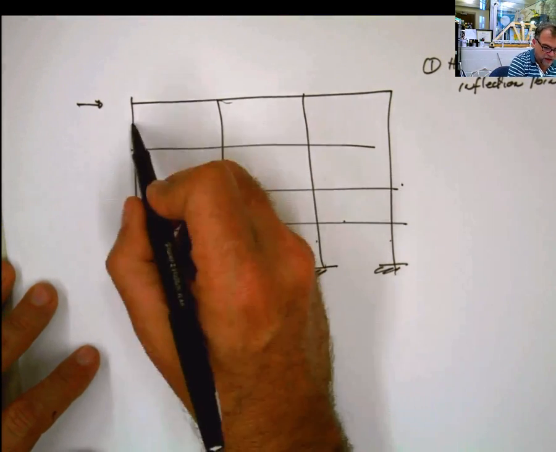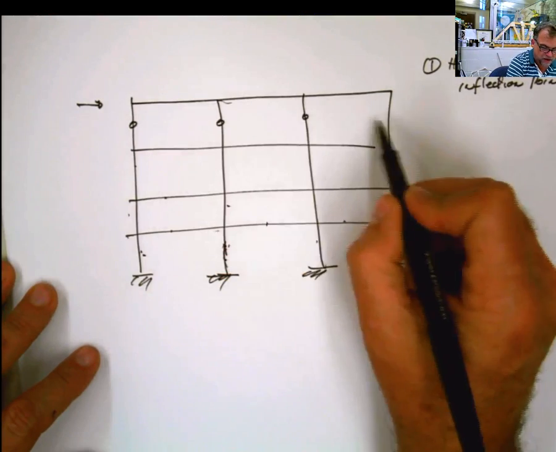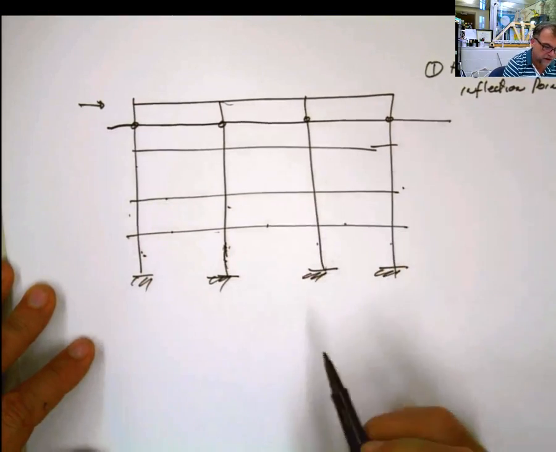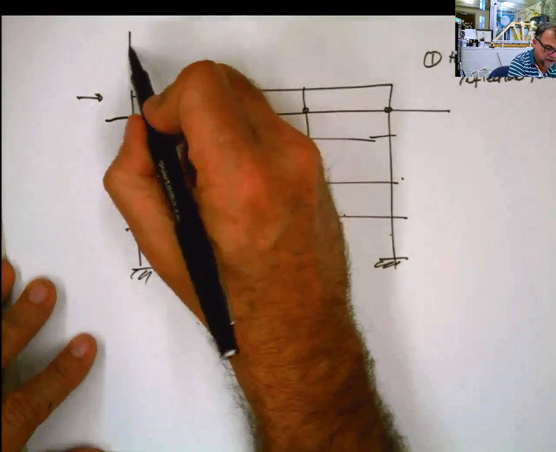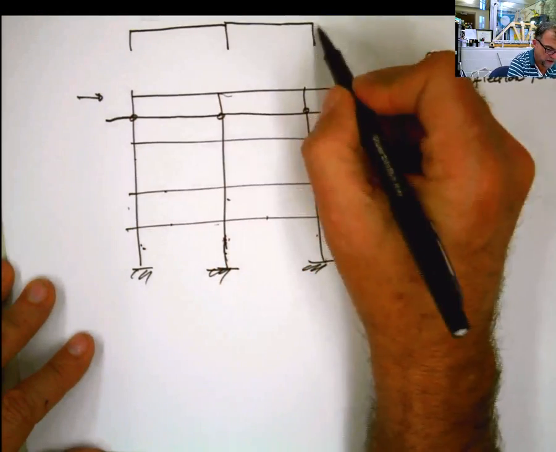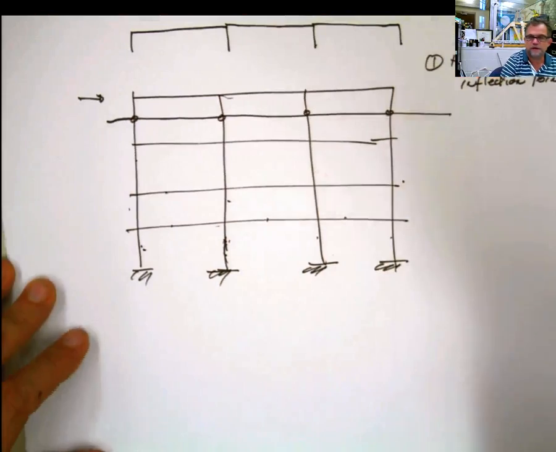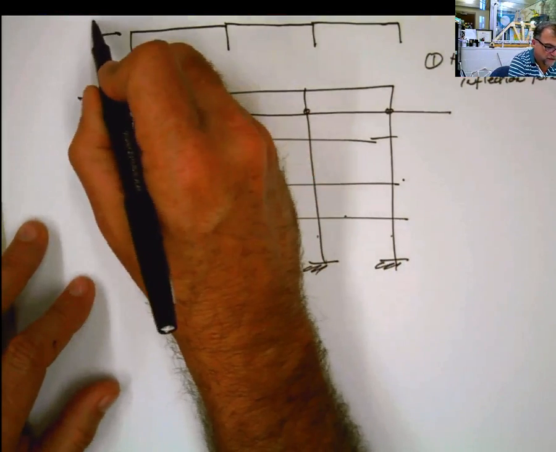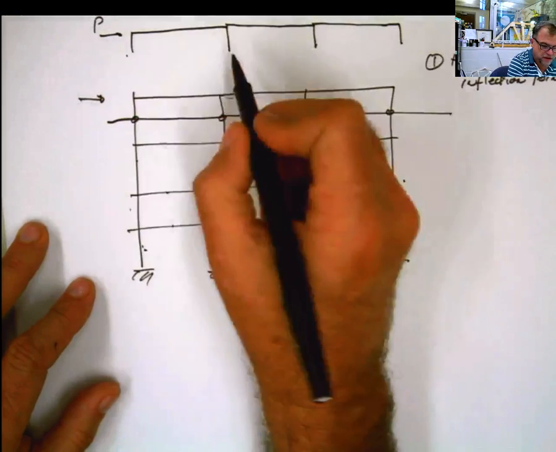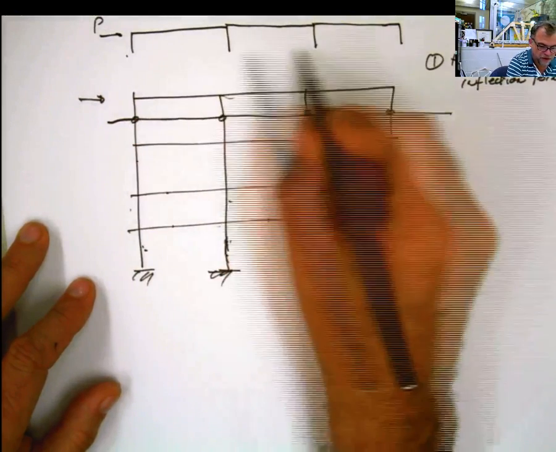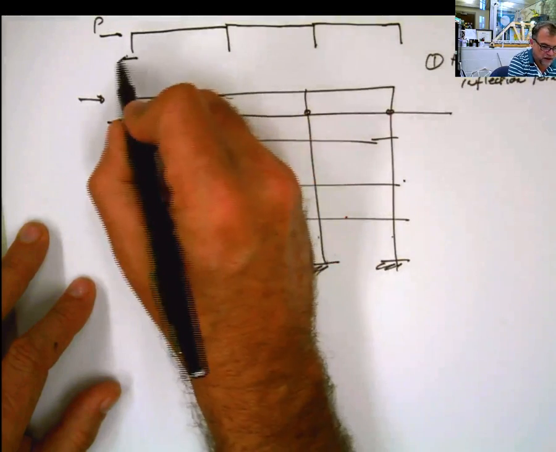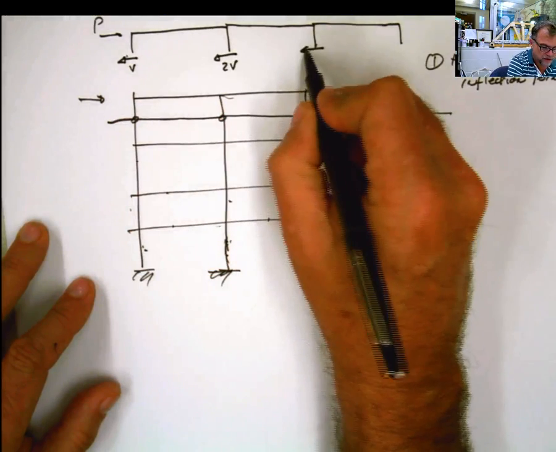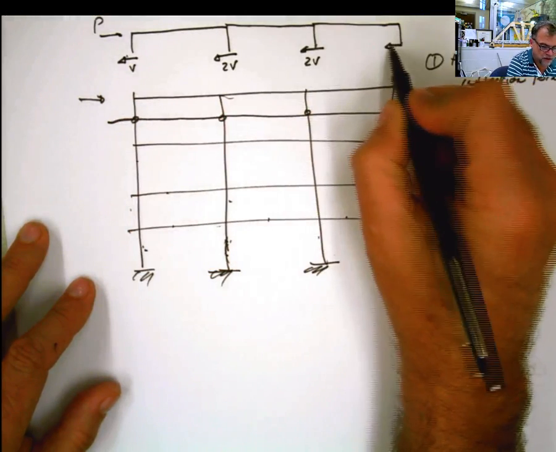If that is correct, and you have hinges placed at this location, I can make a cut in that part and separate the top part. The hinges are beautiful, because you know there's no moment at the hinges. So if I have this force P, and I assume that the shear here is half of the shear here, this is one shear and this is two shear.